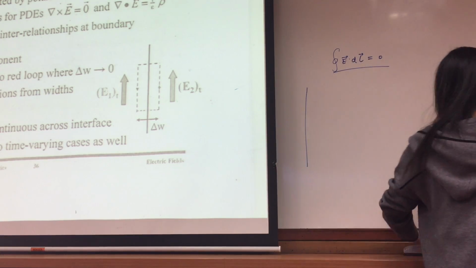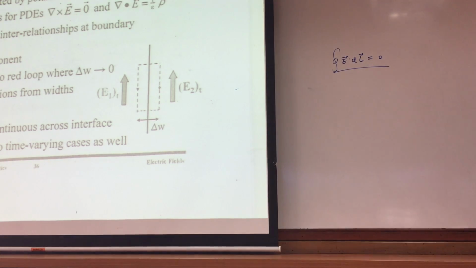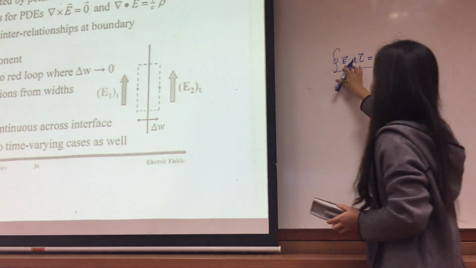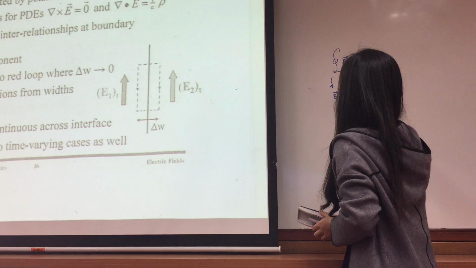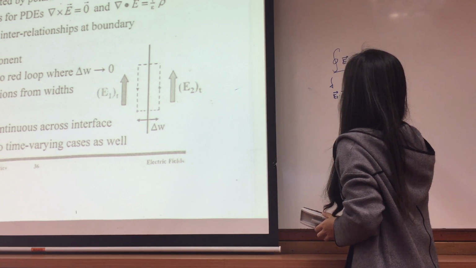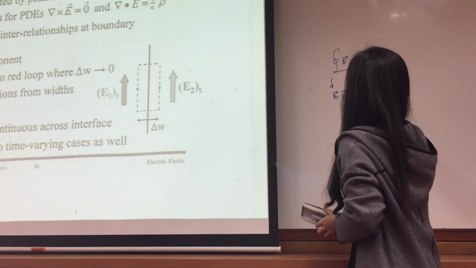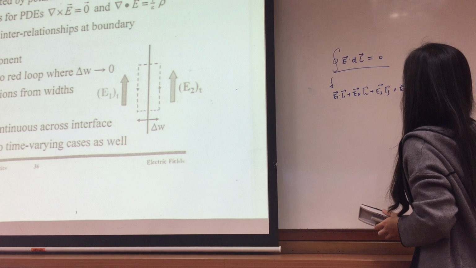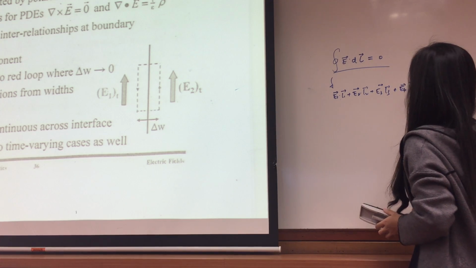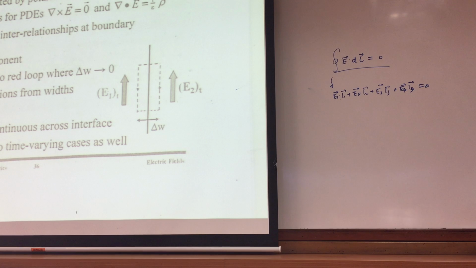If this is the boundary, and I draw the box like this, with L1, L2, L3, and L4, then I can write this as E1 dot L1 plus E2 dot L2 plus E3 dot L3 plus E4 dot L4 equals 0. No doubt about this, right?